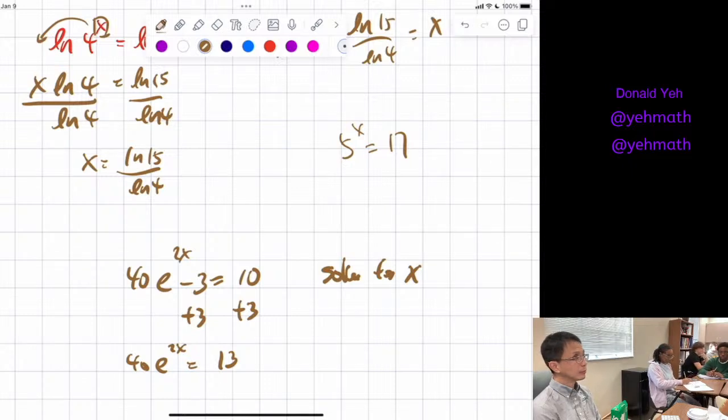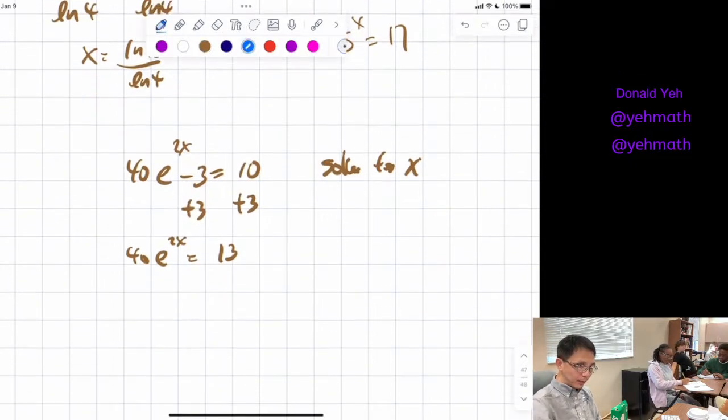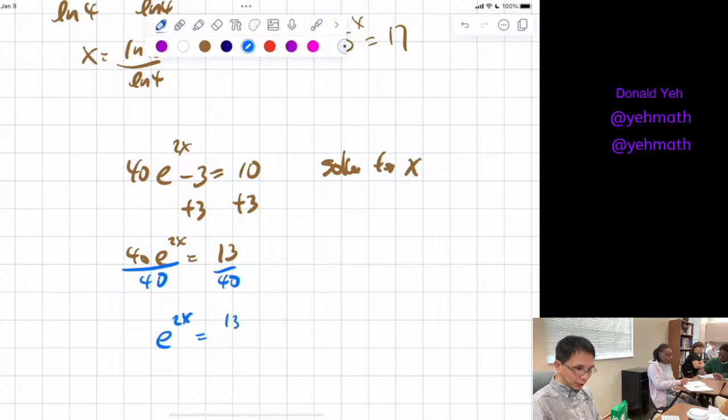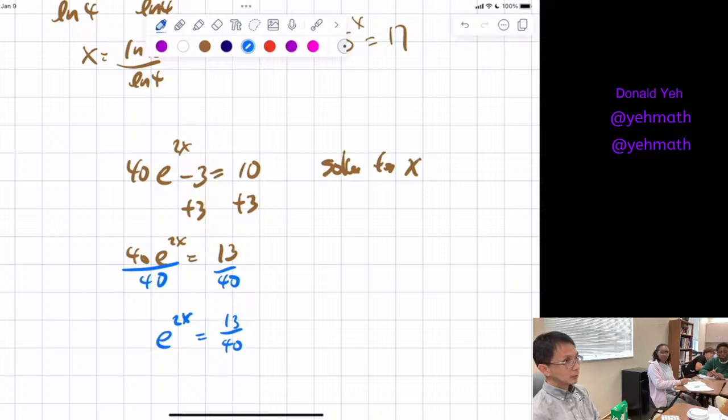No. You gotta isolate. Still. Divide by 40. So you have to divide by 40. You don't do natural log both sides. So that's e to the 2x equal to 13 over 40. Why do you do natural log on both sides? What? No common base. Yes and no. That's not wrong answer. Yes.